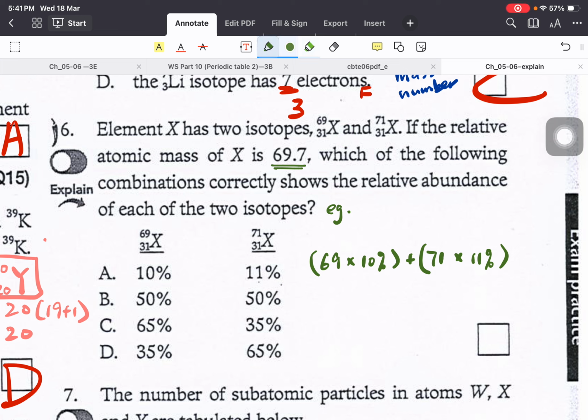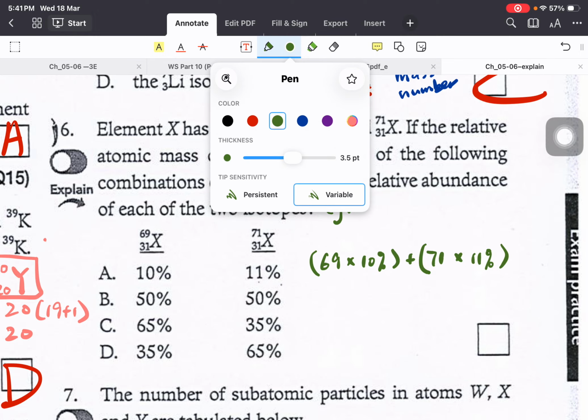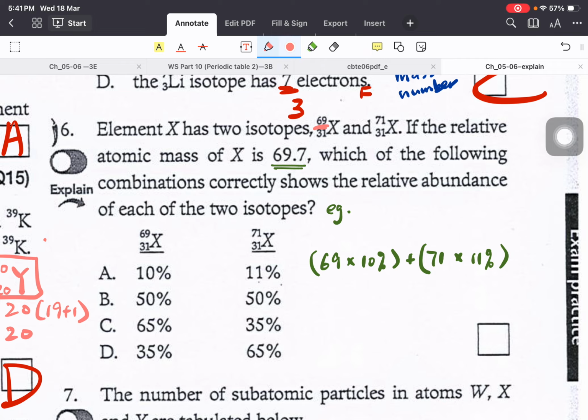Let's think about it. 69, 71. What's the middle? The middle is 70, right? So 69.7 is quite close to the middle. It should be somewhere around here, correct?